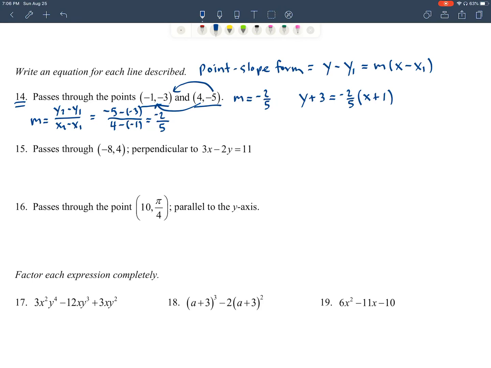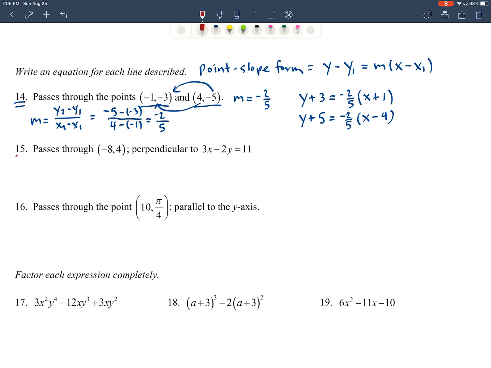That's one possible answer. If you use the point (4, -5), you end up with y plus 5 is equal to -2/5 times x minus 4. Either of those is correct.